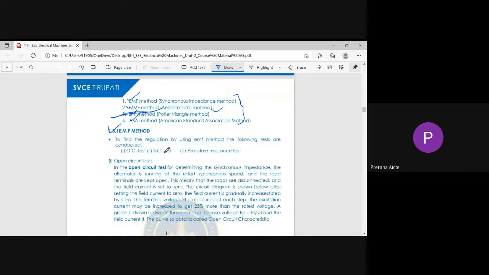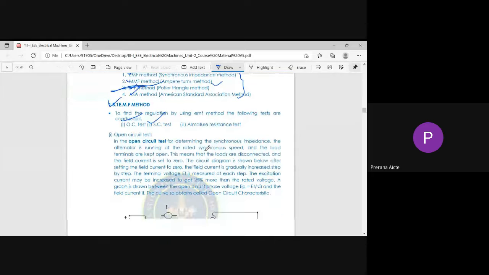See here, the first method, the EMF method. What tests are conducted to find the voltage regulation by the EMF method? The OC test and the SC test, and we also require the armature resistance.